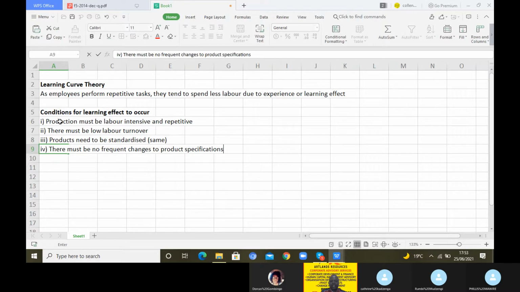In other words, the products we are producing, we need not to change them more frequently. If we are doing that, how then do we benefit from learning?